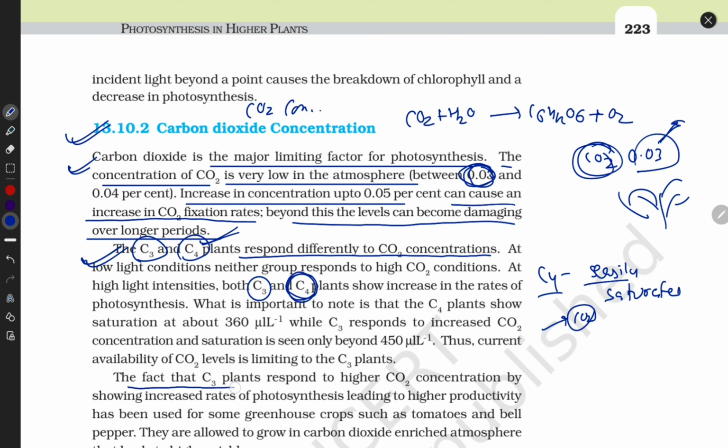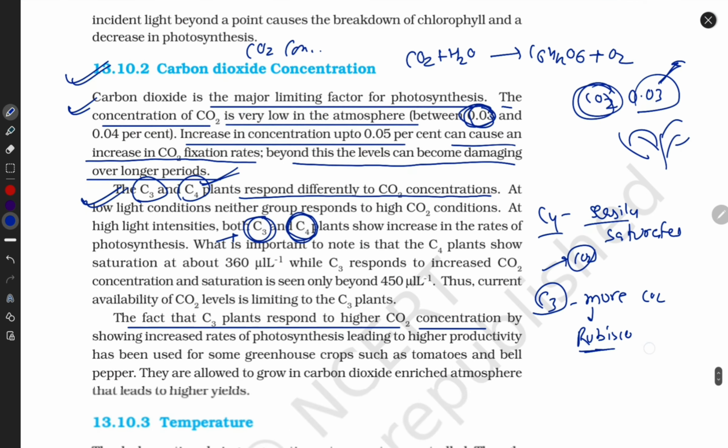C3 plants respond to higher CO2 concentration. Why do they require more? Because they have rubisco, and rubisco works better when CO2 is high and O2 is low. But why is C4 good?